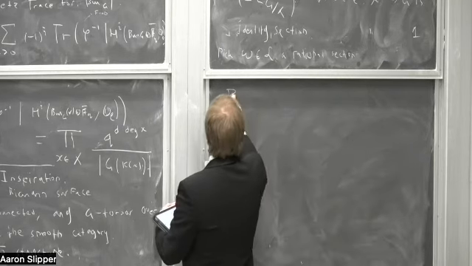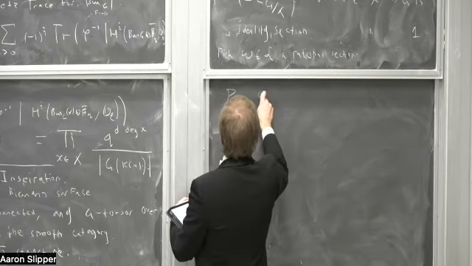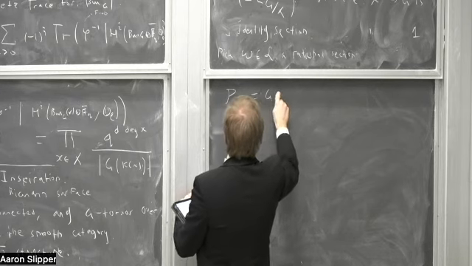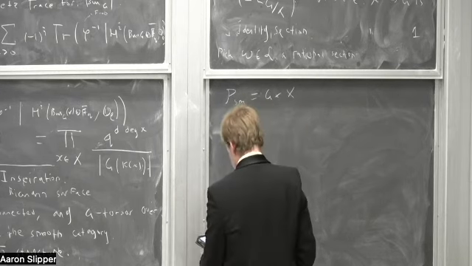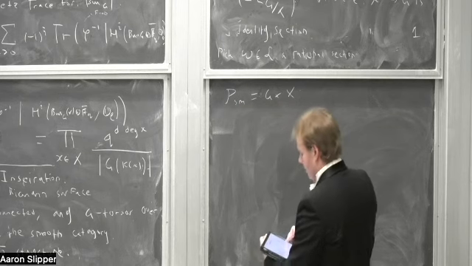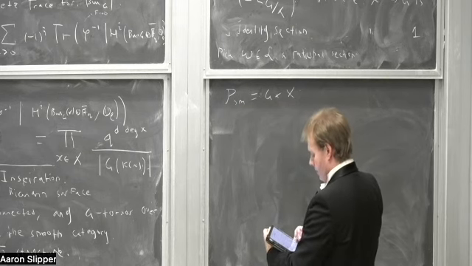So let P smooth be a G torsor on X. Everything's over C here, but we're only thinking of these as real manifolds for the moment.